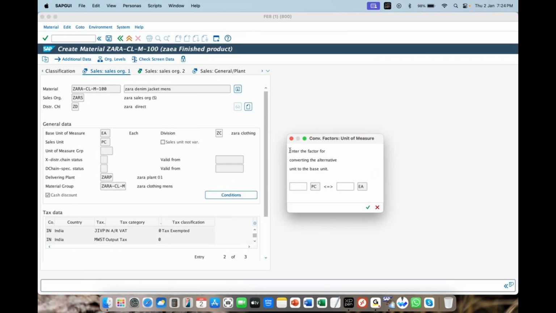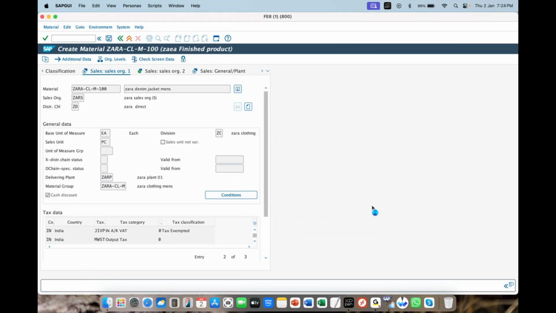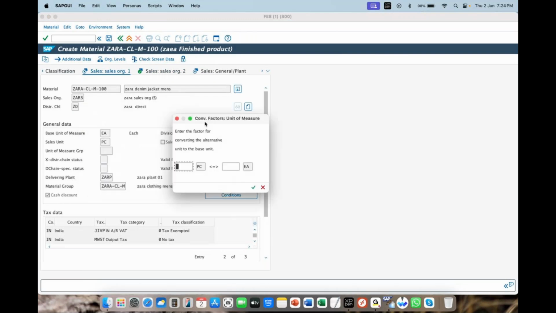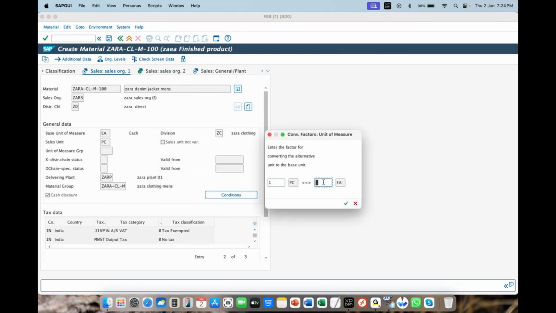So here I give one piece is equal to one pack. In one pack, how many jackets will you see? One jacket, right? If I give 10 here, then what happens? The customer will get 10 jackets delivered and the company will get one jacket's price. Gone.